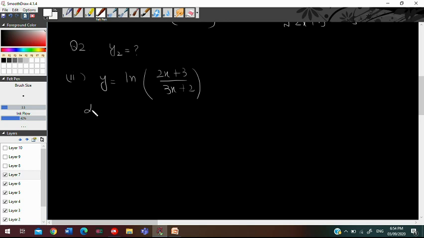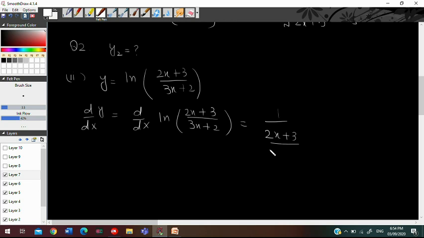So when I apply the first derivative, d by dx of log of (2x plus 3) by (3x plus 2). Now you know that when we apply the derivative on a log function, I will write it like this, and then apply differentiation on the inner part of this log function, in which I have to apply the quotient rule.